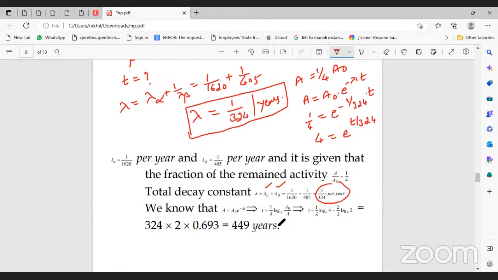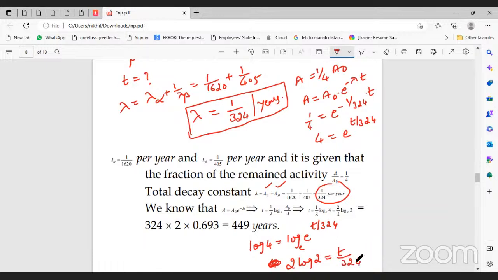Taking log on both sides, log 4 equals log e power t by 324. Log 4 can be taken as log 2 square, so it will be 2 log 2, equals t divided by 324.